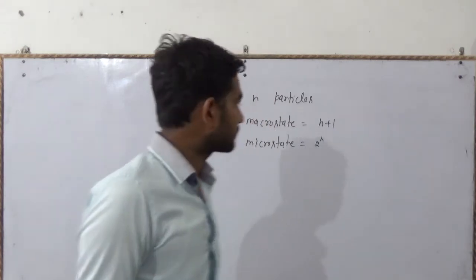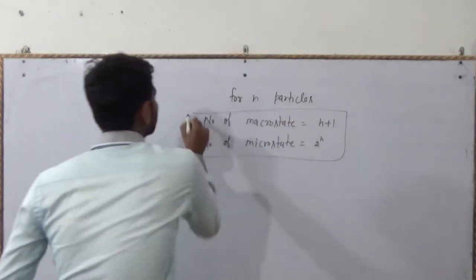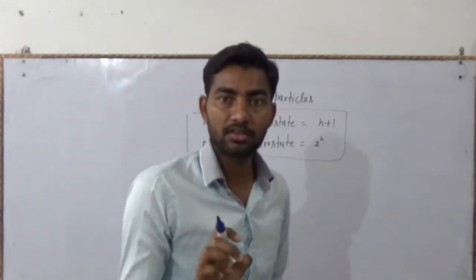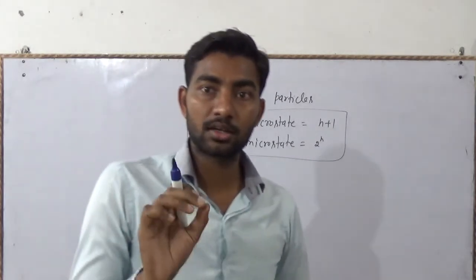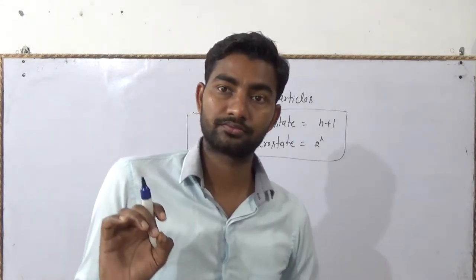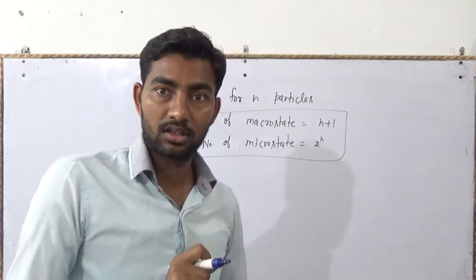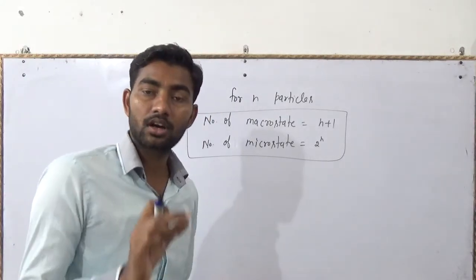Friends, with the help of this formula we can find out the number of microstates for any number of particles. Here we can choose n equal to 1, 2, 3 and so on up to n. Now here we will discuss the types of microstate.